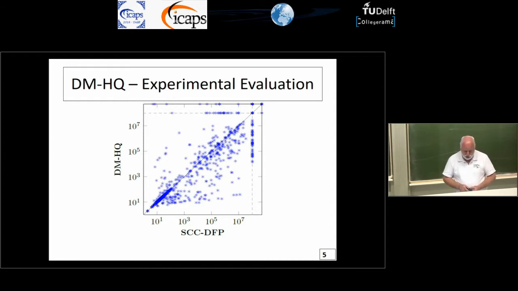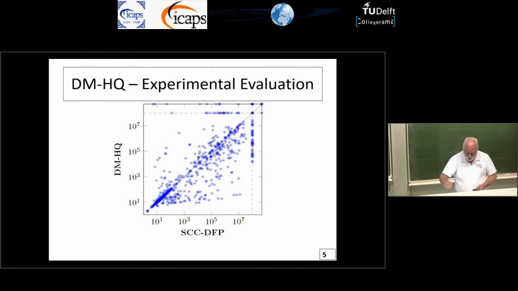Two special things to note are the extreme edges. The extreme right edge are problems where the construction failed. It timed out during the construction phase for SCC-DFP, and the top line is the same thing for DMHQ. It timed out or ran out of time during the construction phase.